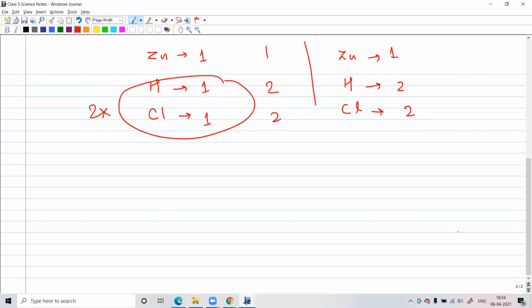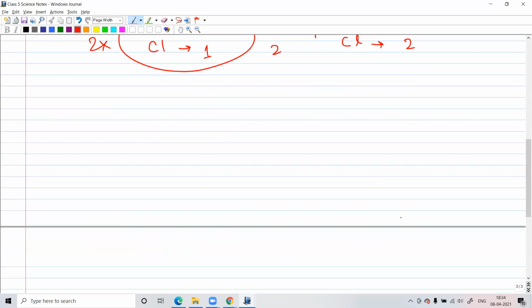To understand that, ZnCl2 is a molecule, and how are molecules formed? By some bonding, right? Zinc and chlorine have to form some kind of bond between them. As of now, I asked you people to remember all the valencies up to atomic number 30.